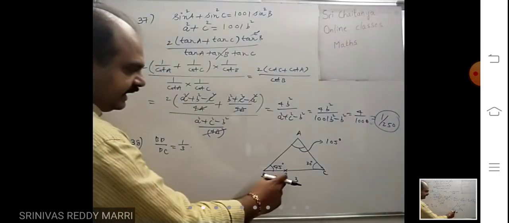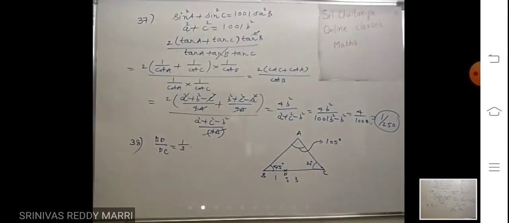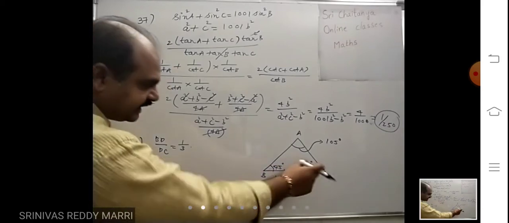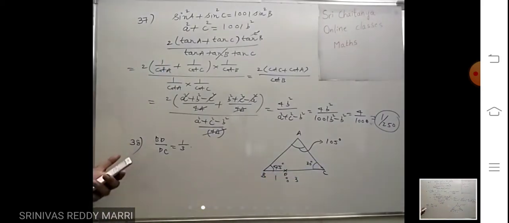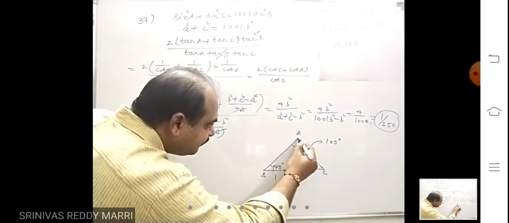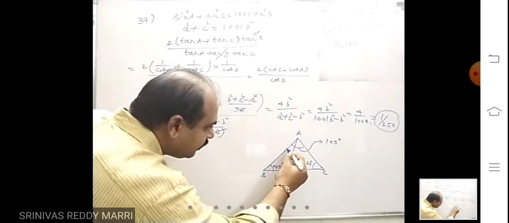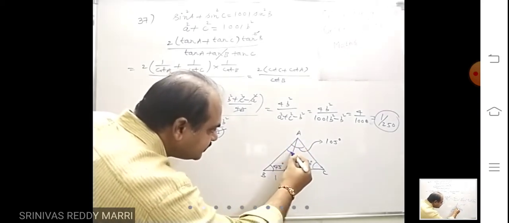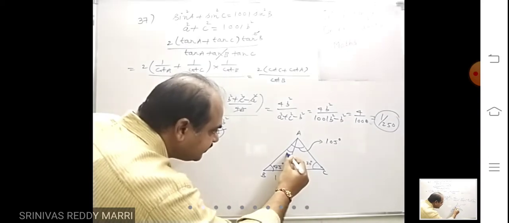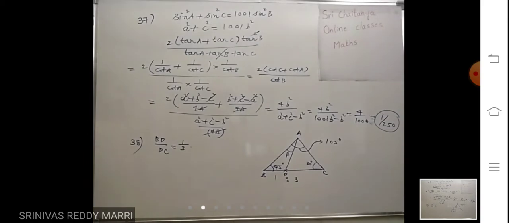Now look at, D is dividing BC in the ratio 1:3. So BD by DC is nothing but 1/3. That is given. And also given that angle DAB equals beta. Angle DAB, all of you keep the paper with you. This is given as beta.